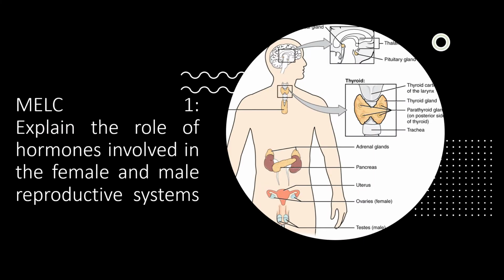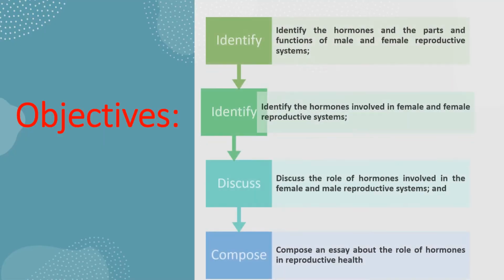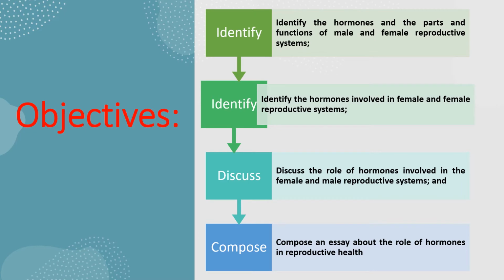For the first MELC, we are tasked to explain the role of the hormones that are involved in the female and male reproductive systems. And we have 4 specific objectives under this lesson. First objective is to identify the hormones and the parts as well as the functions of the male and female reproductive system.